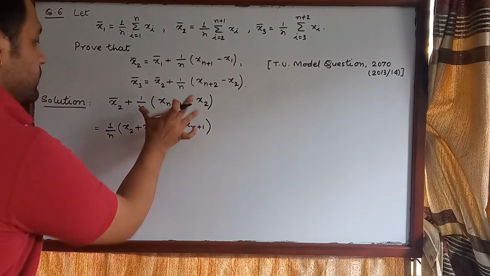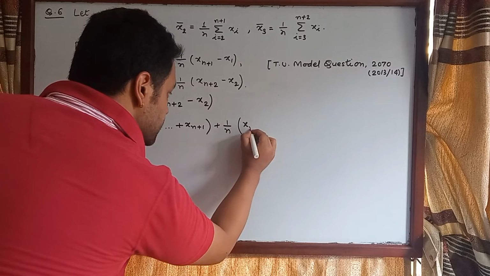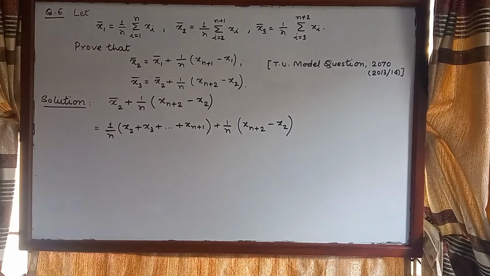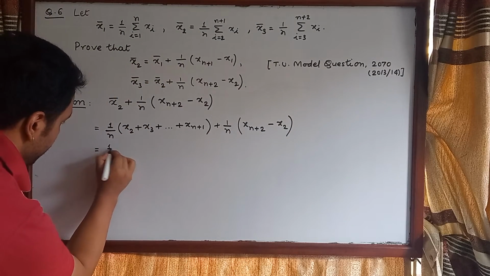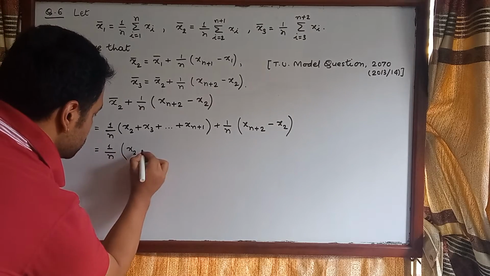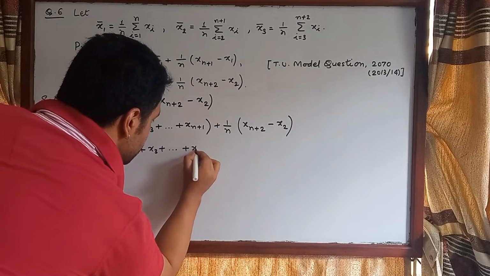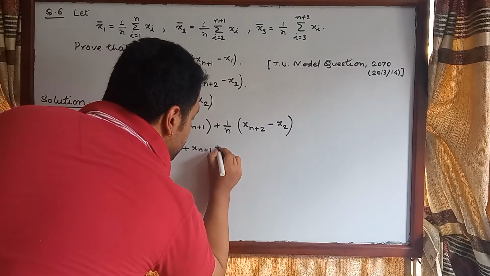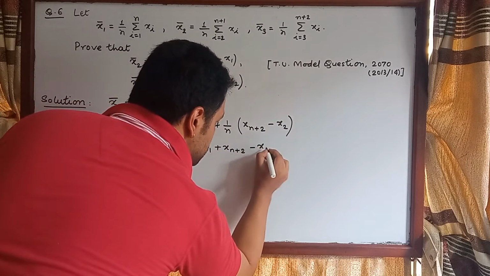This remains as it is, 1 by n, xn plus 2 minus x2. We have 1 over n as a common factor, so we take it out and get x2 plus x3 plus ... xn plus 1 on this side. From this side we have xn plus 2 minus x2.